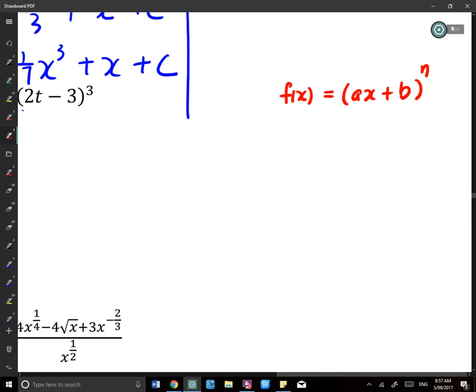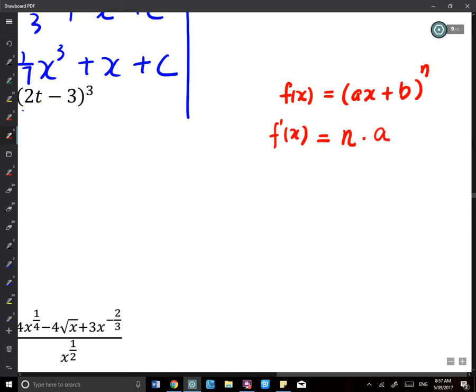If fx equals ax plus b to the power of n, then f dash x equals what? First of all, bring the power n down. It's quite similar to how you deal with x to the power of n. And times a, which is the gradient inside.